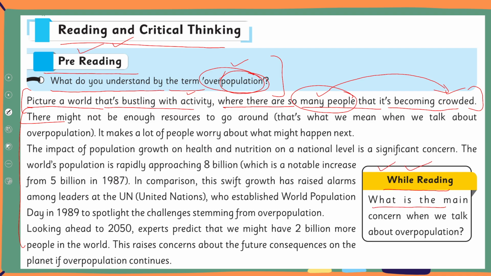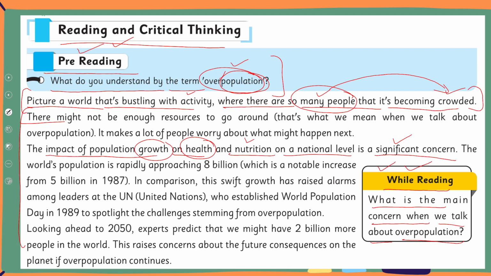What is the main concern when we talk about overpopulation? If you read the text, the main concern is the impact of population growth on health and nutrition. On a national level, it is a significant, important concern.